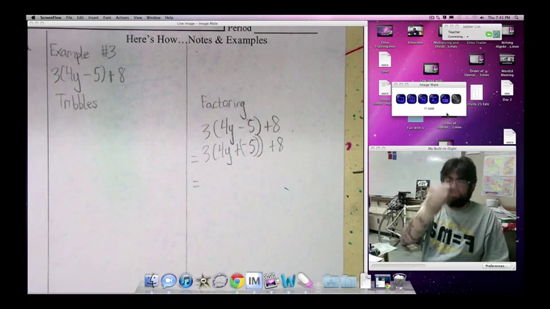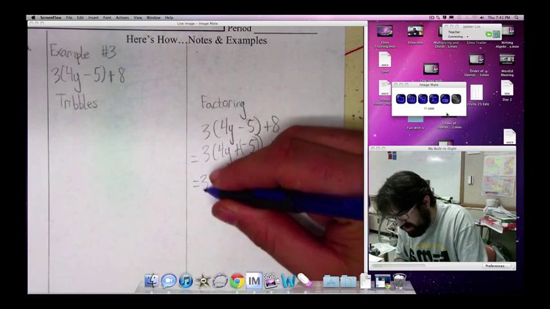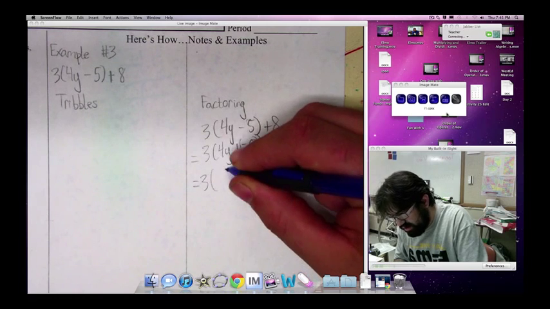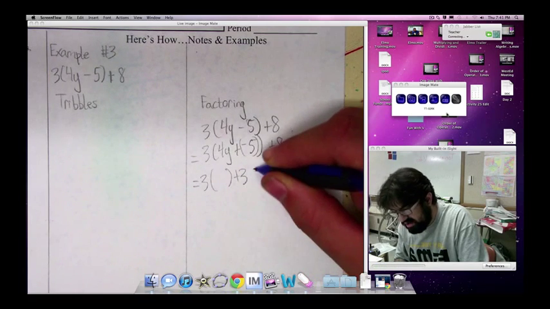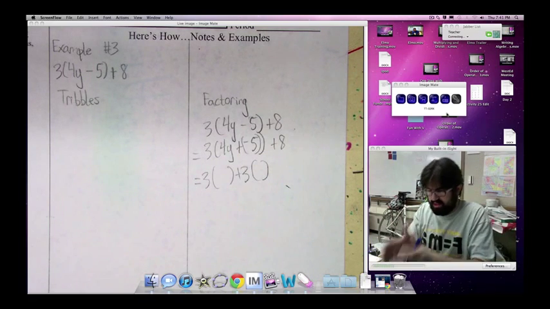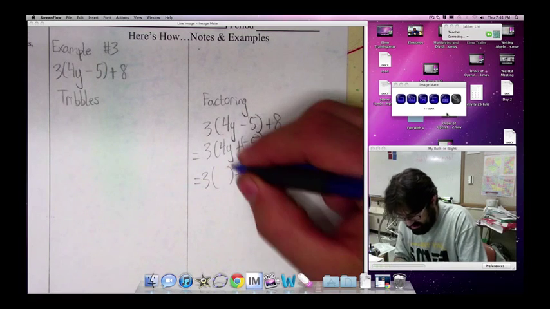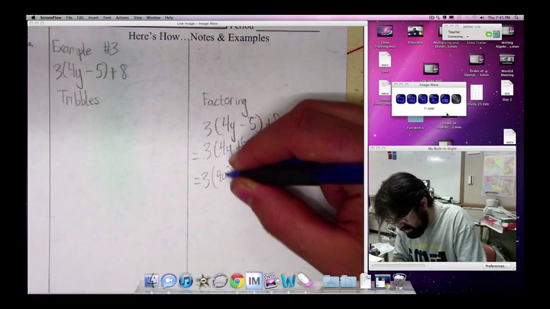Step 2, we're going to distribute. I got 2 items out here, so I'm going to put 3 times whatever's right here plus 3 times whatever. It doesn't matter. 3 goes to both items. This and this. Plus 8. Well, 4y goes in this one.